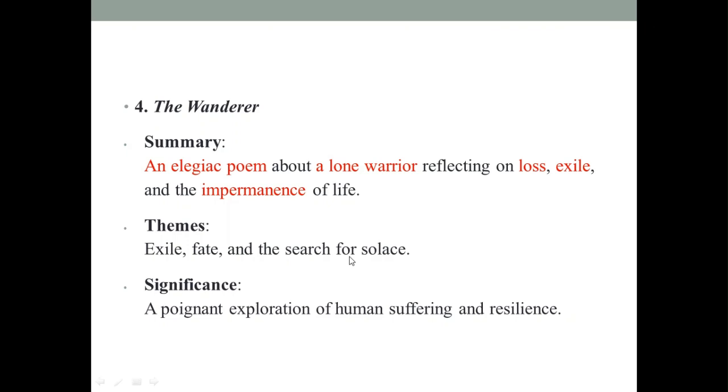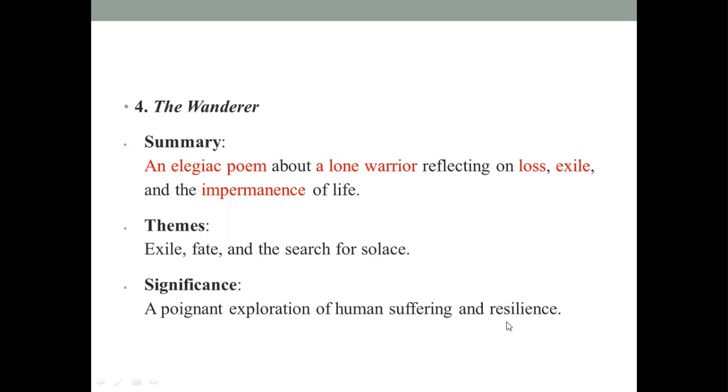the search for relief, consolation. And it is a poignant exploration, understand, of human suffering and resilience. Poignant means pitiful, a sad and affecting exploration of human suffering and resilience.